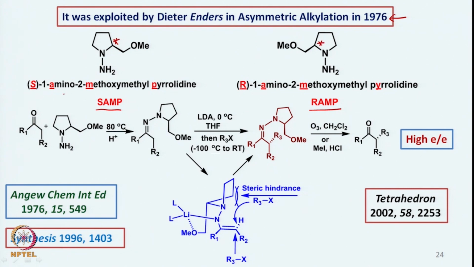So this is S-1-amino-2-methoxymethyl pyrrolidine, and the other one is R-1-amino-2-methoxymethyl pyrrolidine. So one is SAMP and the other is RAMP, and that is how they are known as SAMP and RAMP hydrazines introduced by Dieter Enders.